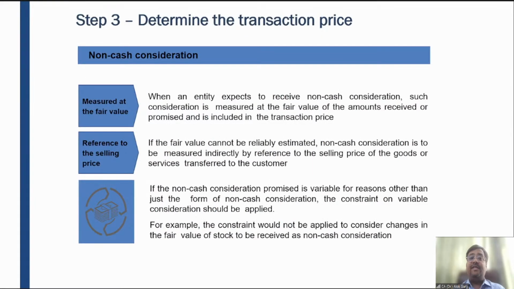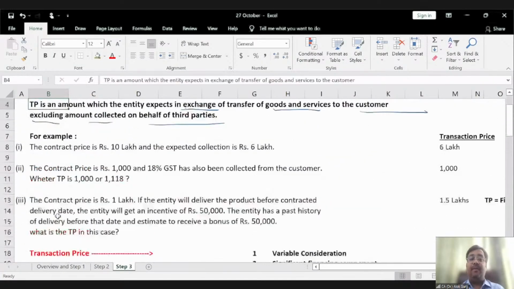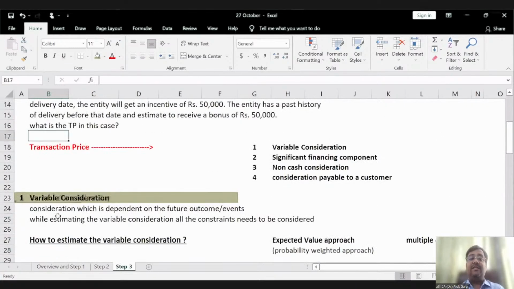Now let's discuss the concept of non-cash consideration. Let me go back to my Excel file. We have discussed that the computation of transaction price is impacted by 4 components: variable consideration, significant financing component, non-cash consideration, and consideration payable to customer.